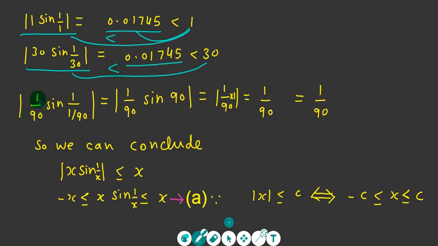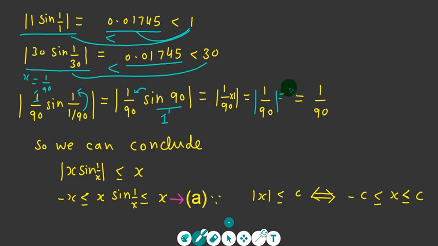Now we put x equal to 1 upon 90. Here is the x value. Now this 90 will move here. Sine 90 is equal to 1. 1 will be multiplied to this. 1 multiplied by 1 upon 90, we get 1 upon 90.